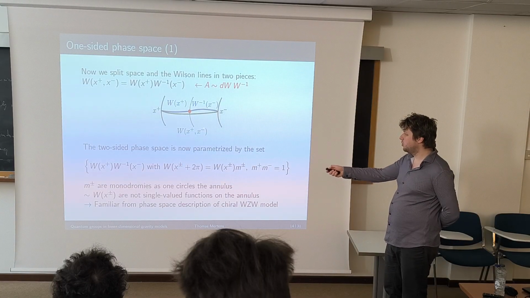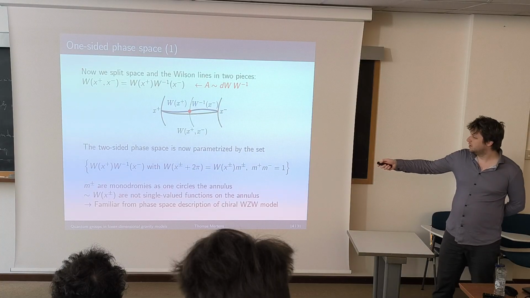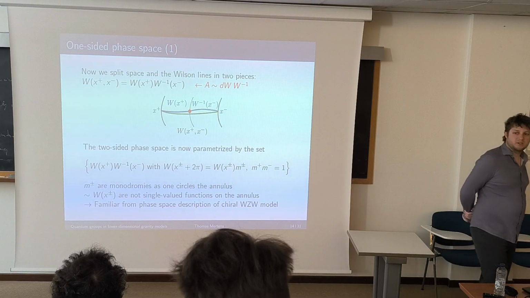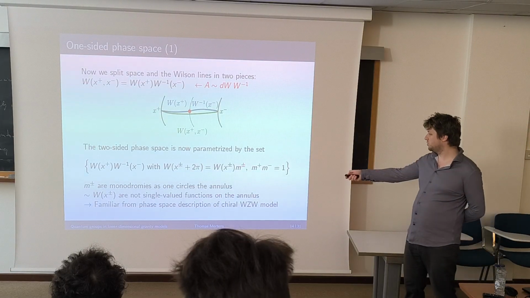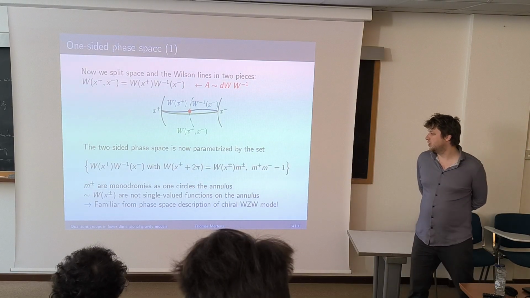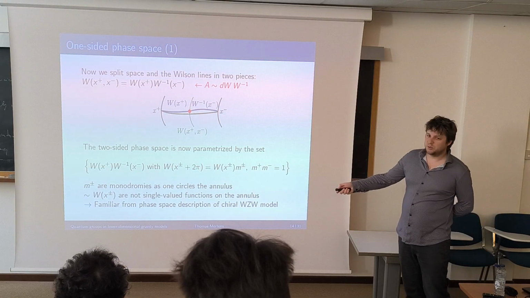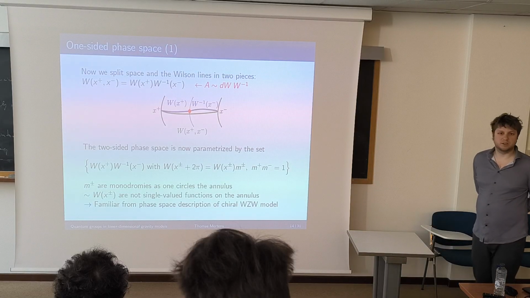So if I go around the full annulus, so that's what this plus 2 pi means, like I move this x plus point all the way around the spatial annulus, I can pick up a monodromy, an arbitrary monodromy, and that's what this m plus minus here means. Another way to say that is that these one-sided Wilson lines, these W of x plus, x minus, are not single-valued functions on the annulus.